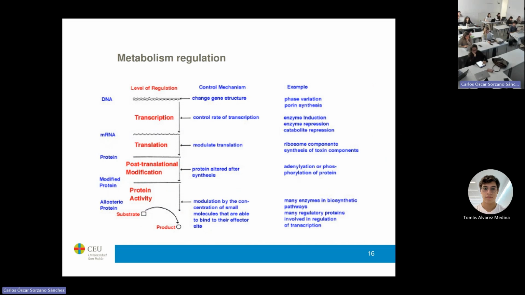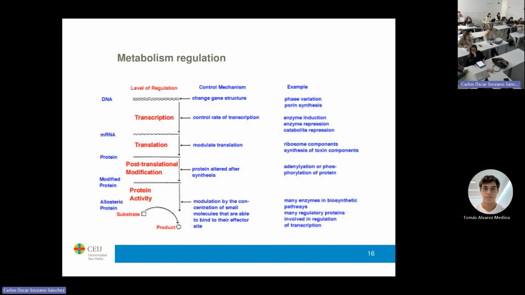Okay, so we have already seen that there is a lot of regulation in all these biochemical reactions. We have seen that in the transcription of DNA into RNA, there is a lot of control there, with all these transcription factors and so on.